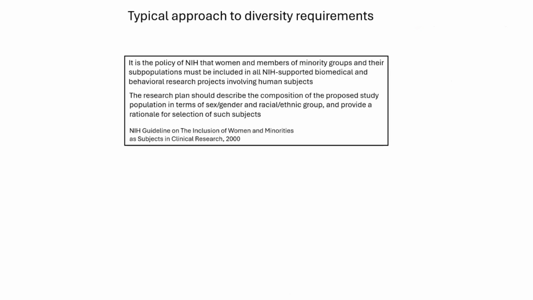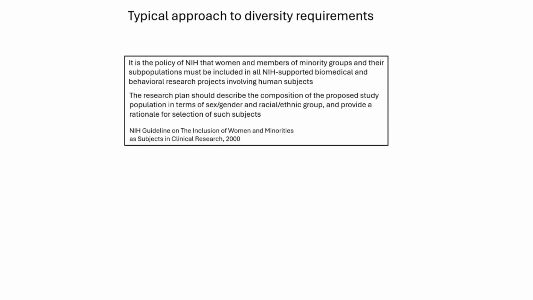So I am going to start by just quoting what is still, I think, the current statement of the National Institutes of Health about diversity requirements. It is the policy of the NIH that women and members of minority groups and their subpopulations be included in samples.